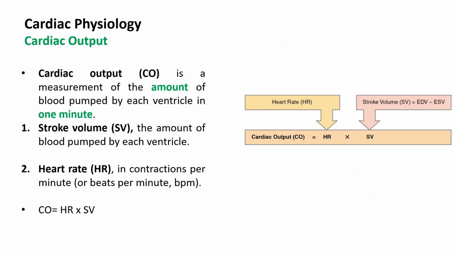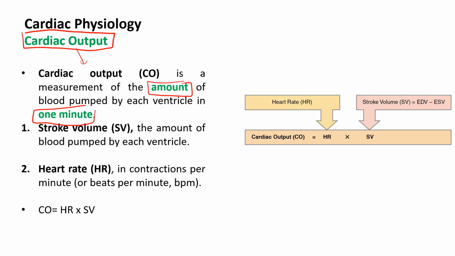Let's talk about cardiac output. Okay, what is cardiac output? So let's read the concept. It's a measurement of the amount of blood pumped by each ventricle in 1 minute. And I have here in green the key words.